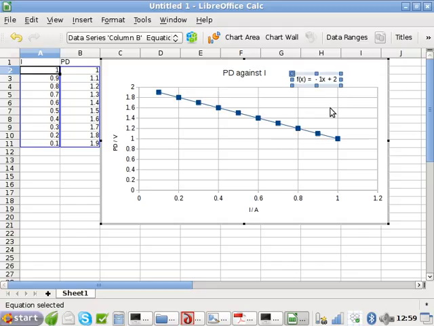Because if this resistance is gone, then the V must be the same as the E. So that's why it's this part of the graph. Then when you make this bigger, the V goes down. The V is the E when this part is 0.